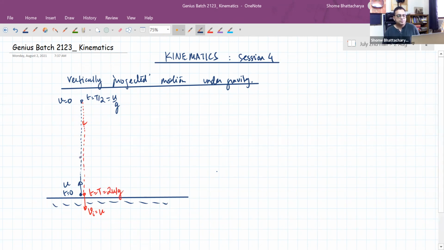But on the way up, if it had a velocity v1 at some time t1, then on the way down it will be at the same position, having the opposite velocity of minus v1 at time t2. Now that t2 will be t minus t1. So this was the symmetry of that vertical motion.